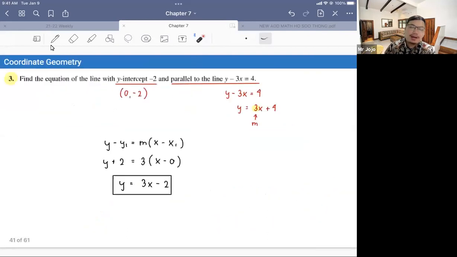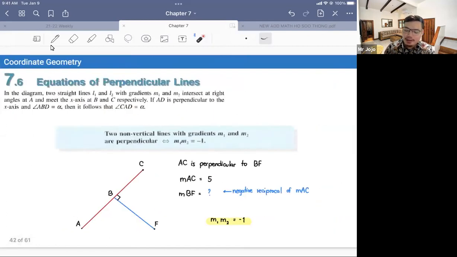If you have two parallel lines, their gradients are the same. If two lines are not parallel, we basically just need to solve the two equations simultaneously. We didn't have any questions about that yesterday because you learned it back in Sec 2.